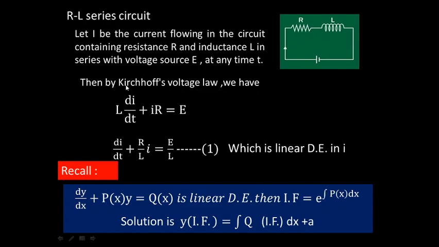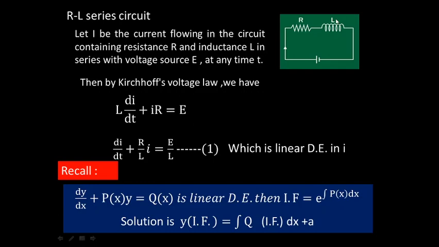Then by applying Kirchhoff's voltage law, we find the voltage drop across each element. We have two elements, the resistor and the inductor. The voltage drop across the resistor is I times R according to Ohm's law.